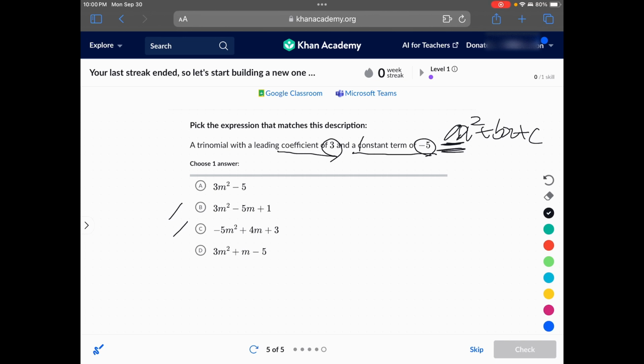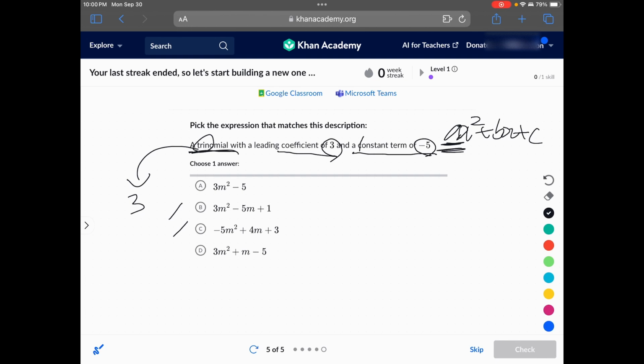So in this part, the coefficient of 3, and it looks like both A and D have a coefficient of 3. And it tells you about trinomial. Tri always means triple. What's triple? 3. Always 3. So it's called polynomial.